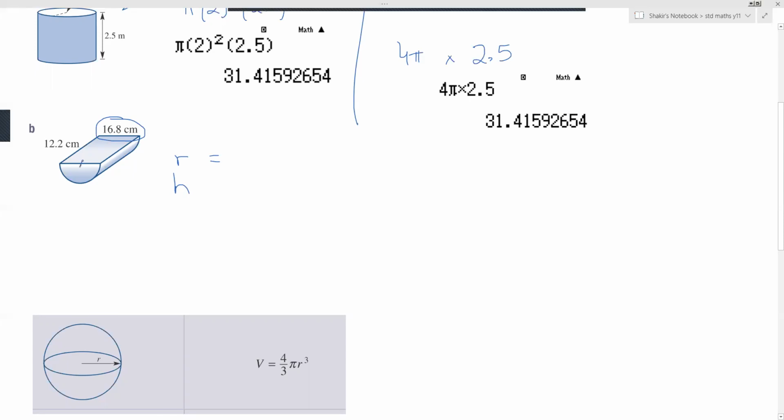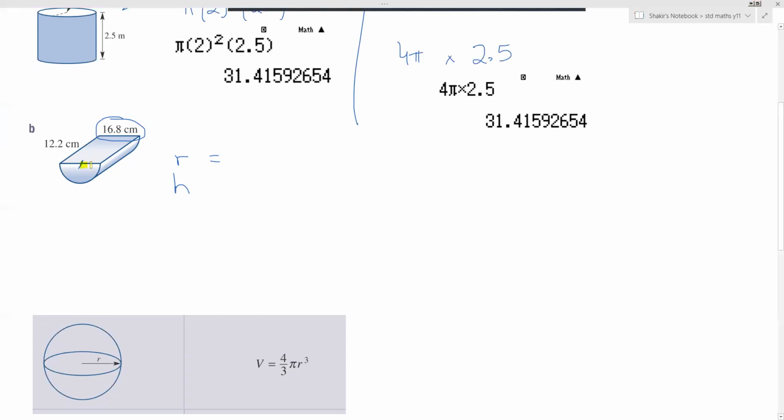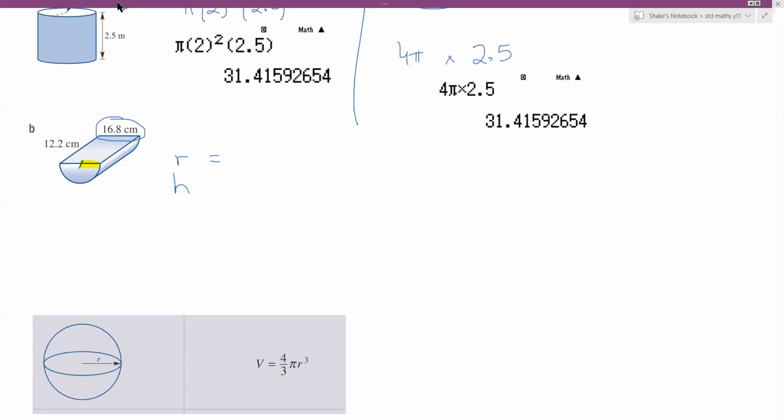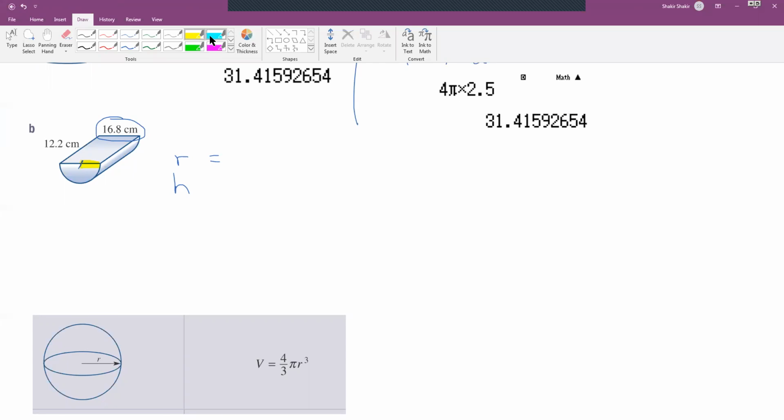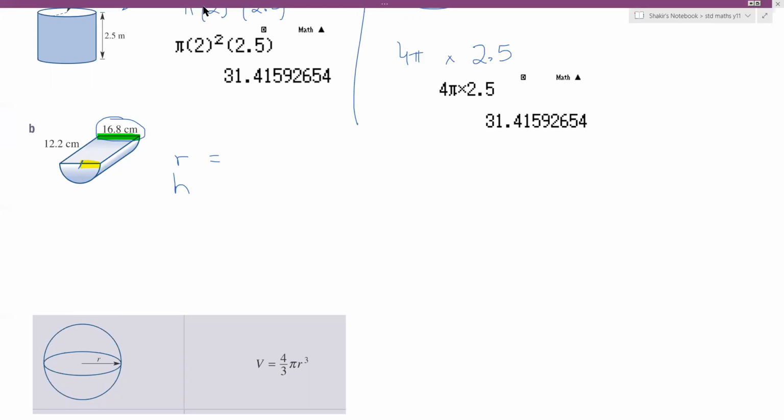Remember, the radius is half, so I'll just highlight it. That is the radius. And what they've given us is a diameter. We need to halve the diameter in order to get the radius. So 16.8 divided by 2 is 8.4.